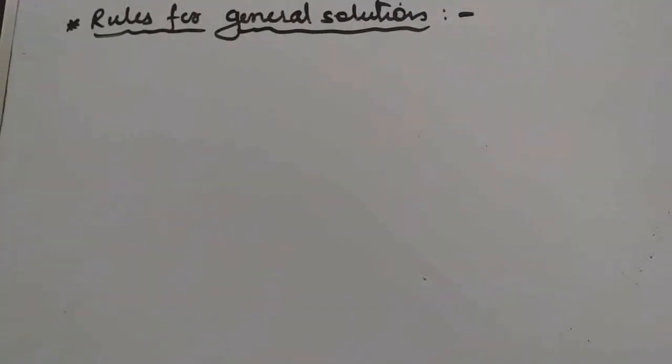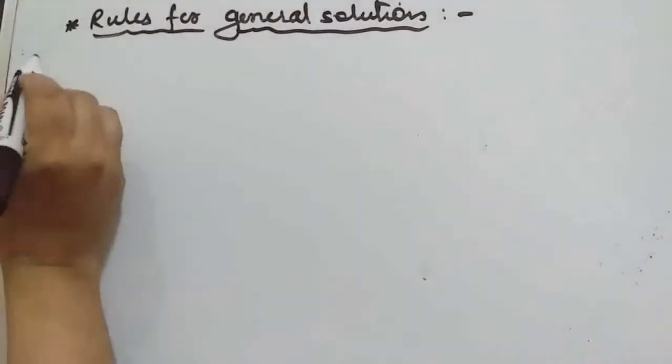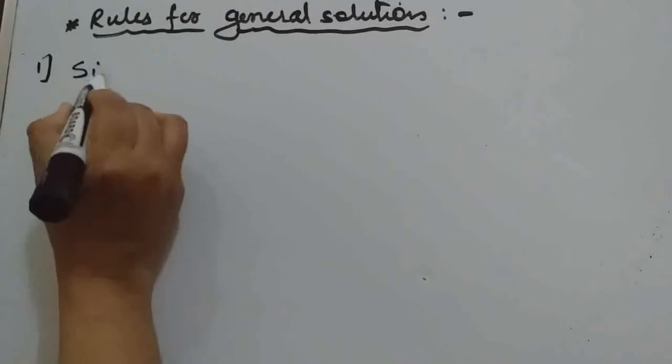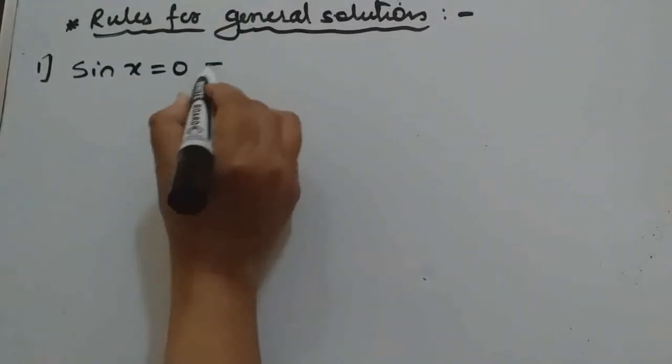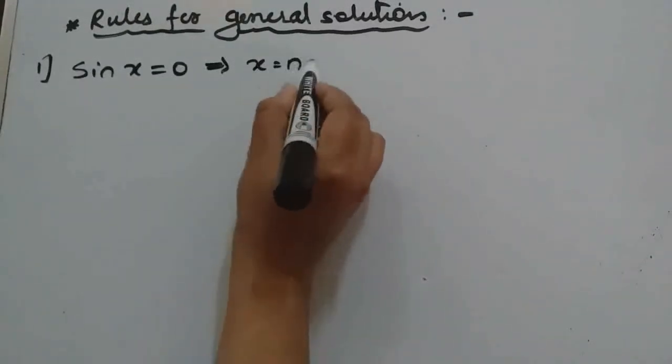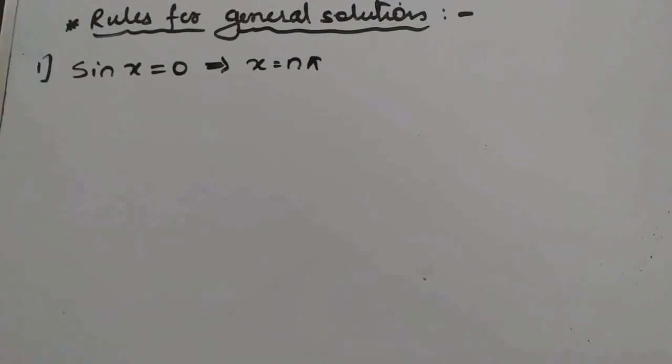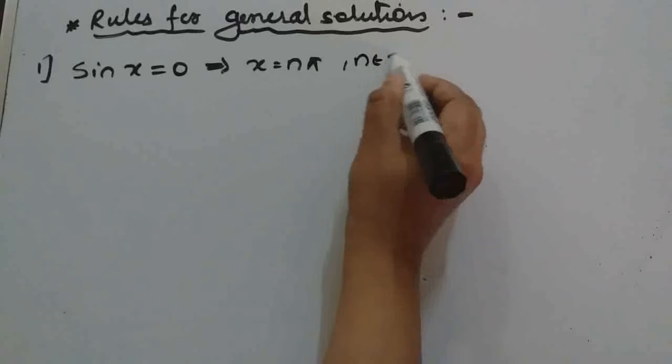Rules for general solution. Two rules we already got earlier. Sin x equal to 0 means x is equal to n pi, where n belongs to Z, we already know this.